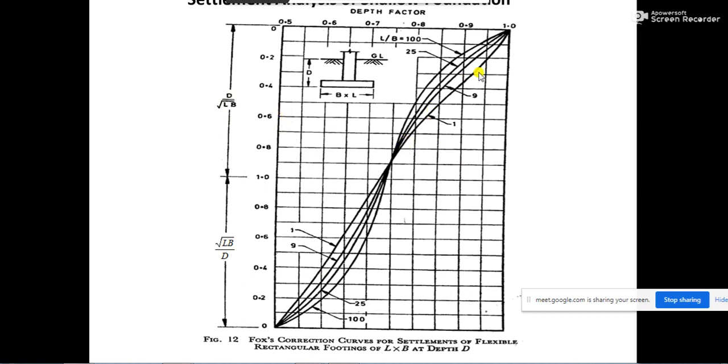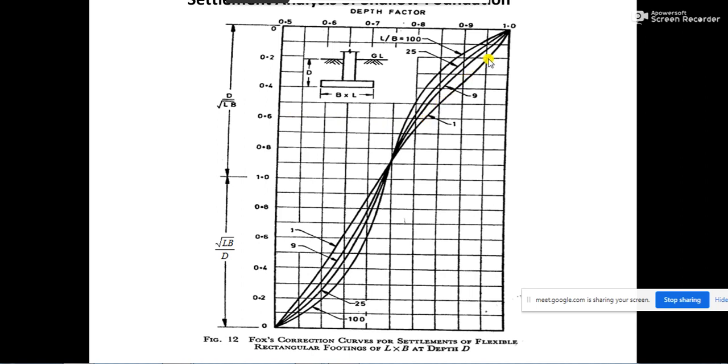These lines are for the ratios of L by B, exactly the way you have seen in the Steinbrenner's chart also, for a ratio of length to breadth. So if the ratio of length to breadth is equal to 1, that means it is a square footing, and you get d over root over LB equal to 0.6, then from this 0.6 value, you go to this curve.